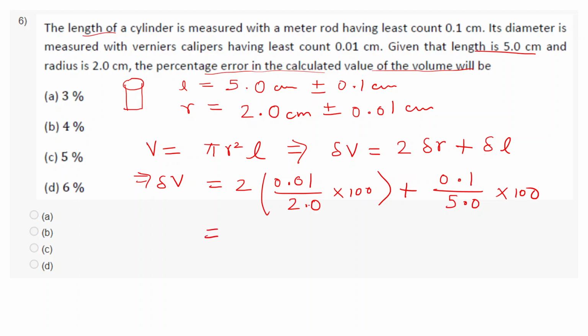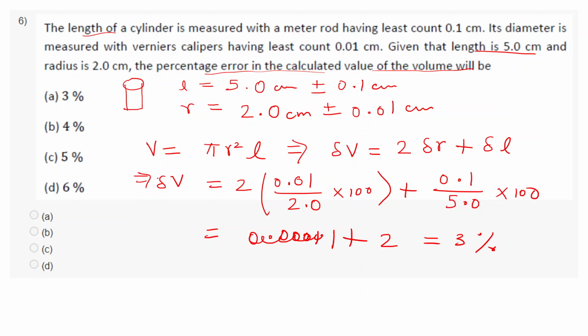We'll solve this and we'll get 0.01 divided by 2 times 100, which is 0.5, times 2 is 1, and 0.1 divided by 5 multiplied by 100 is 2, so the total is 3%.